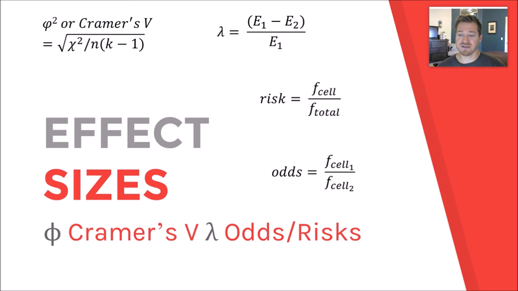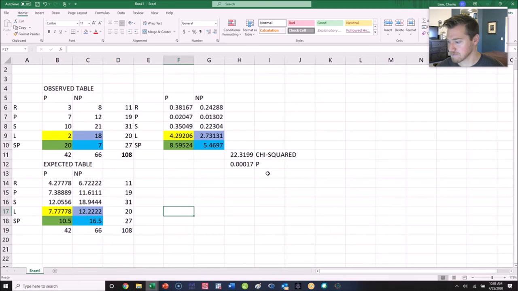Now, here's the deal. If you always do k minus 1, you'll always get the right answer. In Cramer's V, the smaller of the row or column categories is your k. So in this case, we had a 2 by 5 table. So it would be 2 minus 1, because 2 is the smaller. So phi in Cramer's V would end up the same, because 2 minus 1 is 1, n times 1 is n.